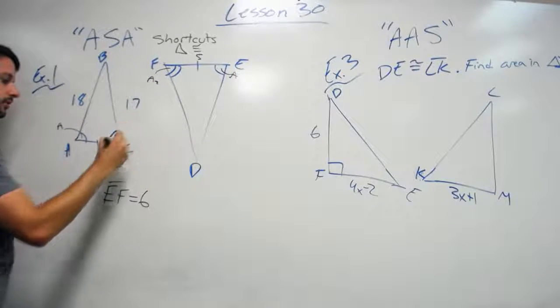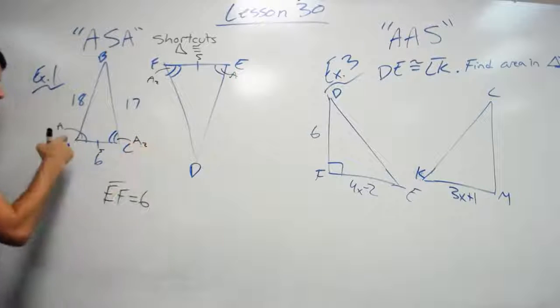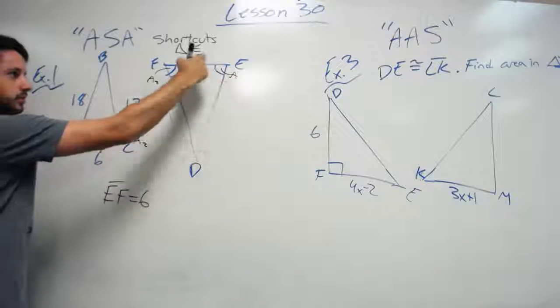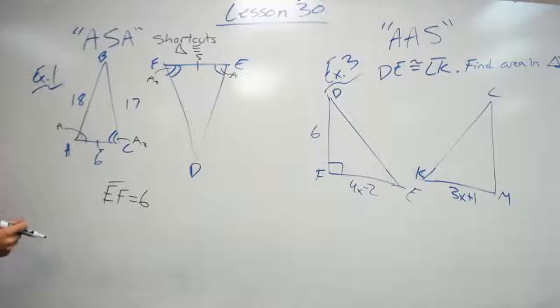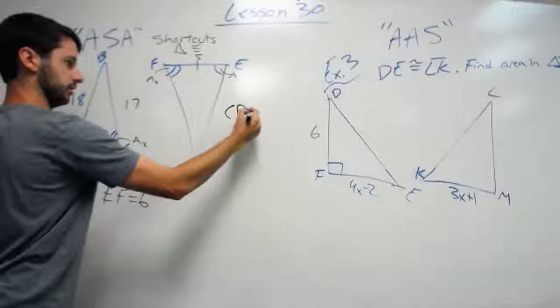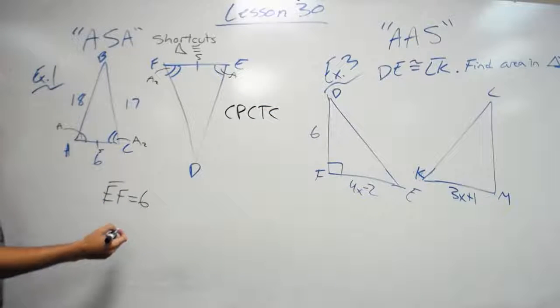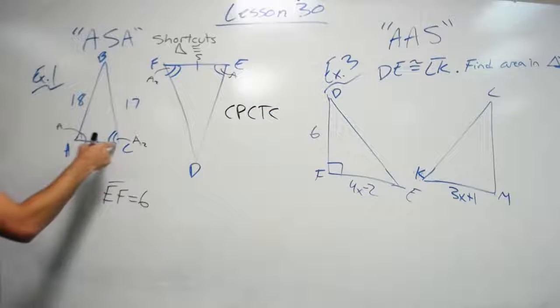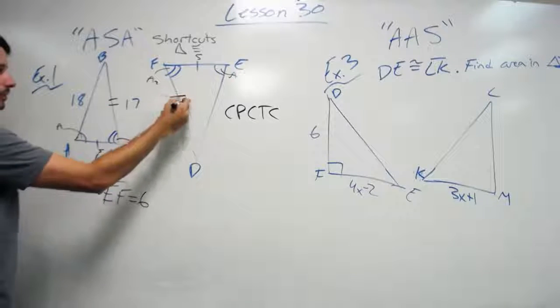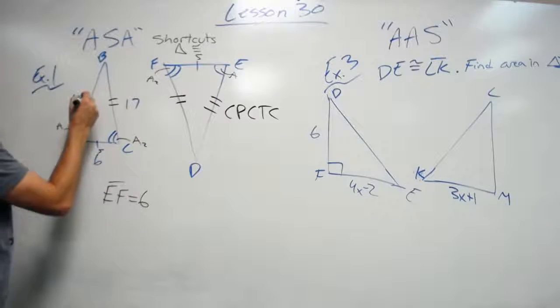I'm going to put angle 2. Because of angle side angle for both of them, we can know that corresponding parts of congruent triangles are congruent. So therefore these sides are congruent.